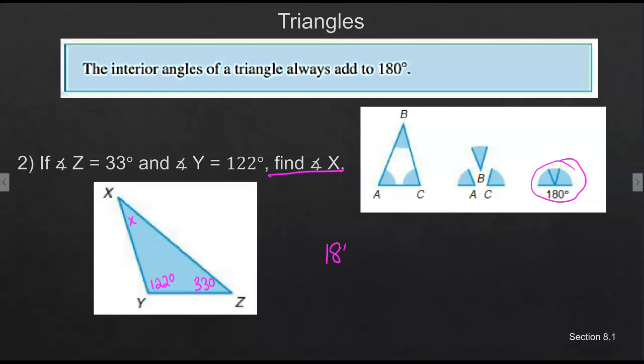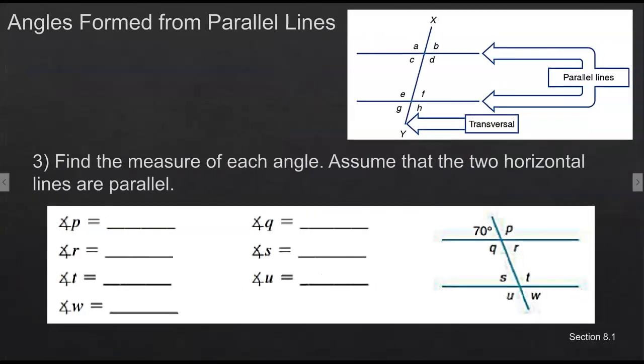So we take 180 minus 33 plus 122. That's 180 minus 155. And then that tells me that angle X is 25 degrees. So anytime you have a missing angle, it's easy to find if it's in a triangle.